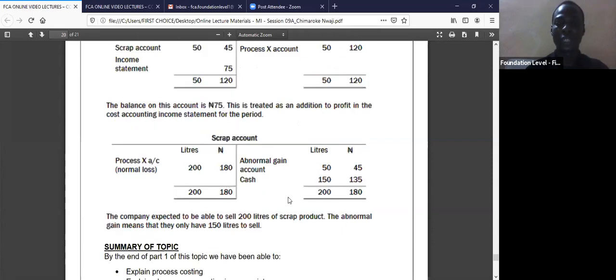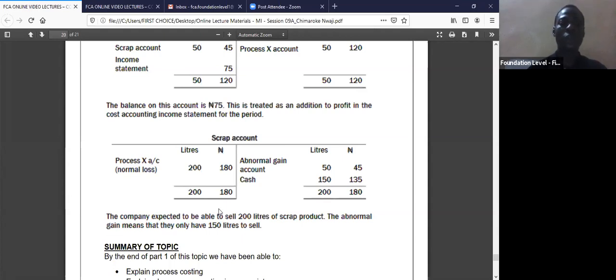So you see that your cash that you will receive is going to be abnormal gain plus the value. That is 150 for cash. You're going to sell abnormal gain at the scrap value, then your cash is also at that scrap value. That's why you are seeing that everything is 18200.